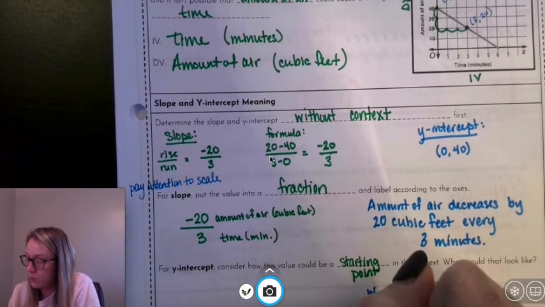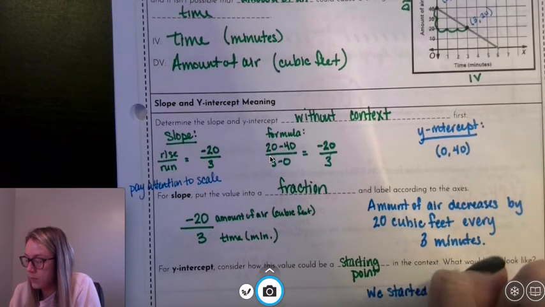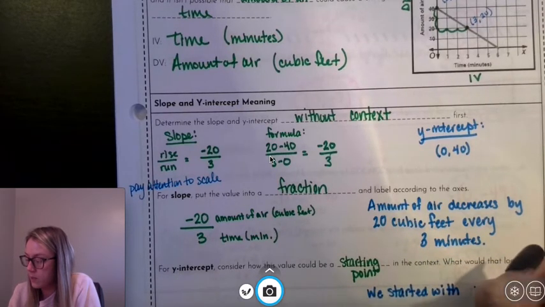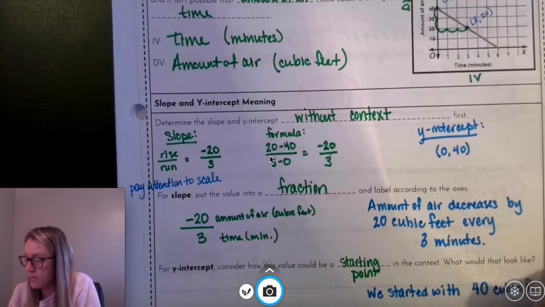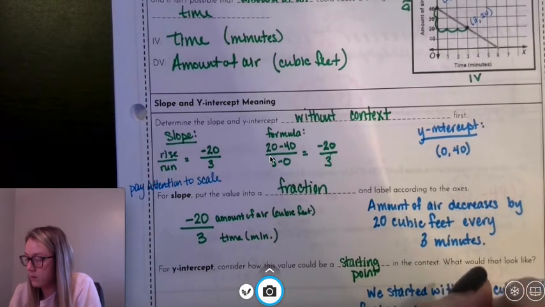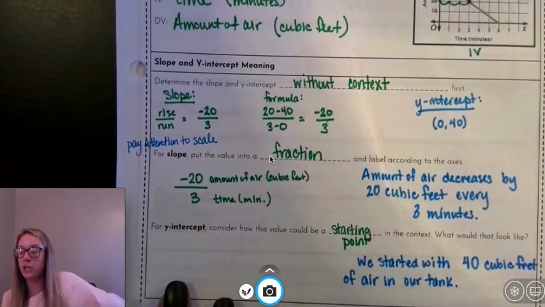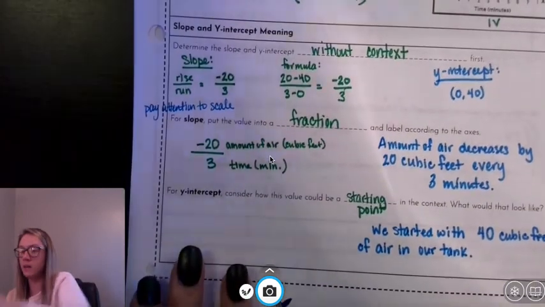So we started with 40 cubic feet of air in our tank. Or we could say at the beginning, we had 40 cubic feet of air in our tank.